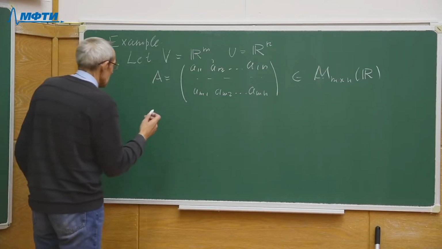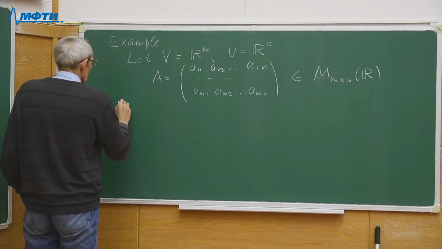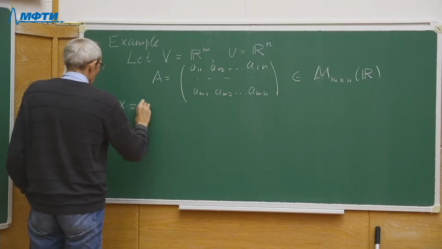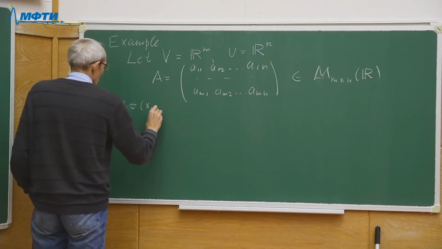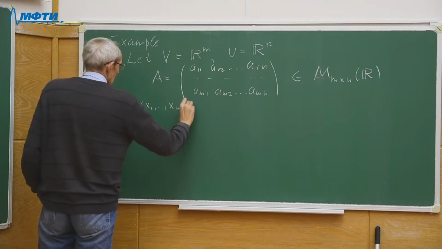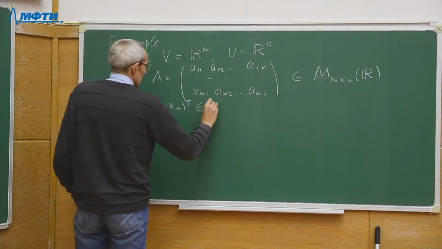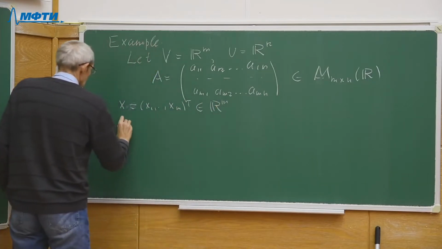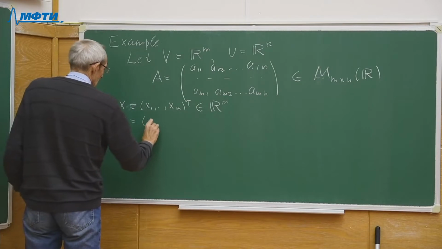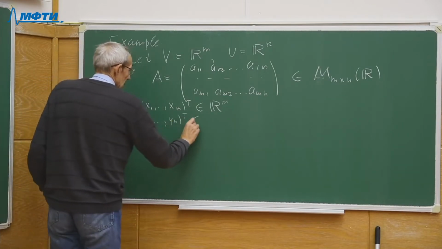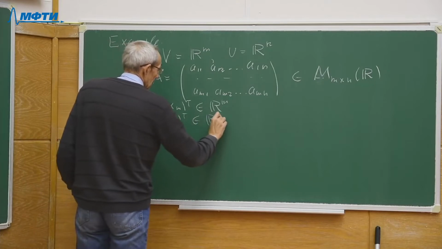And let X = (x1, ..., xm) be an element of R^m, and Y = (y1, ..., yn) be an element of R^n.